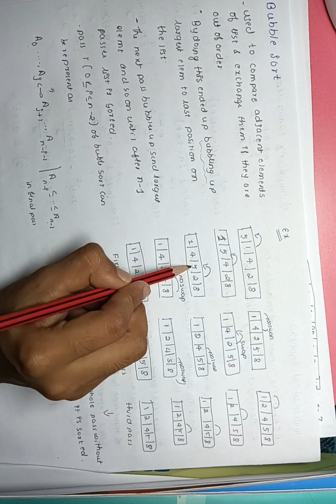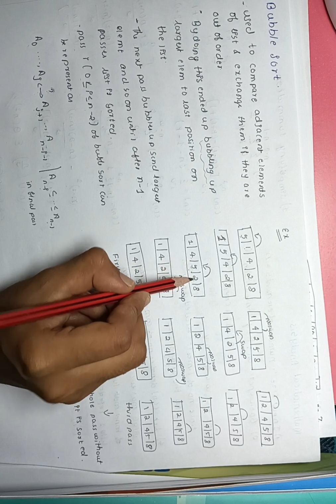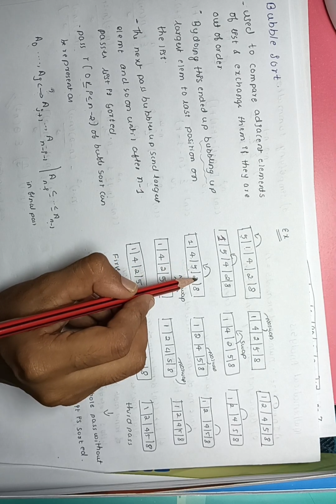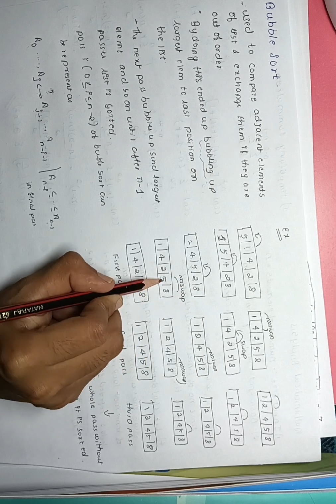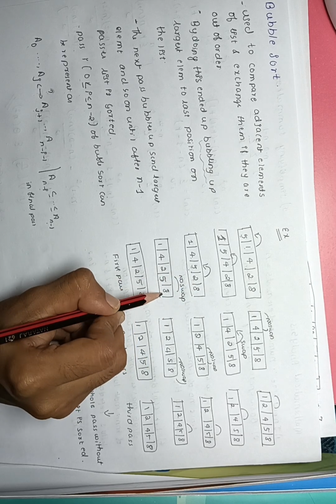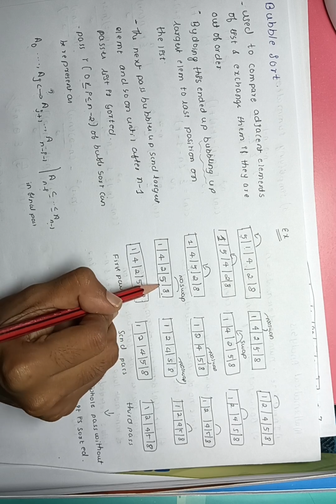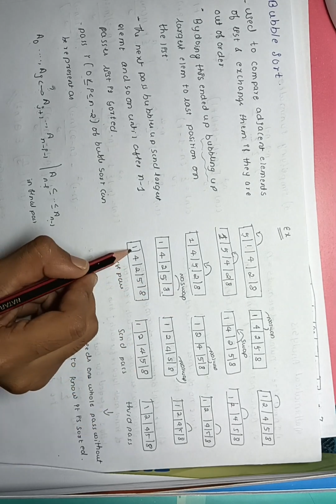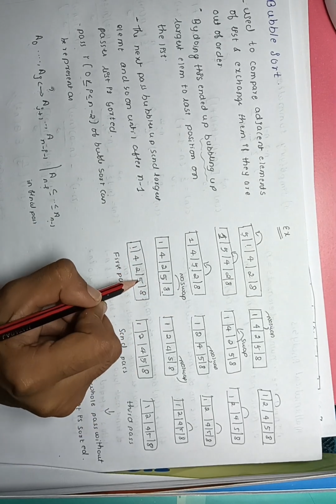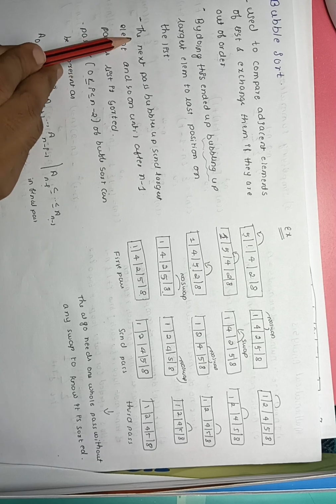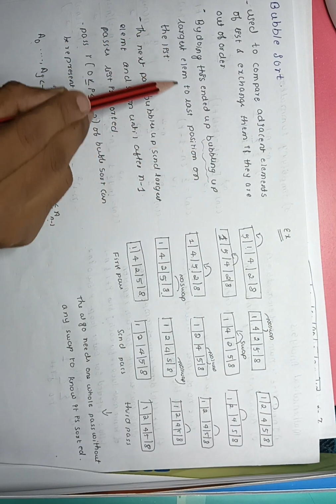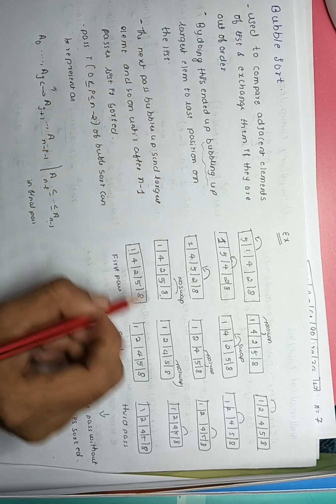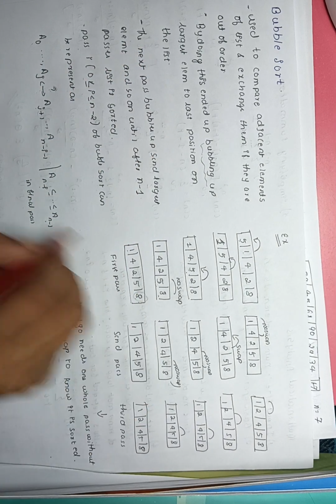Next, from the third position compare 5 and 2, whether 2 is less than 5, yes, again swap it. And again from the fourth position compare 5 and 8, whether they are out of order, no, they are in order, and no swap. The array we got is 1 4 2 5 8, and as they said, by doing this we end up bubbling up the largest element to the last position on the list. The largest comes in the last position.